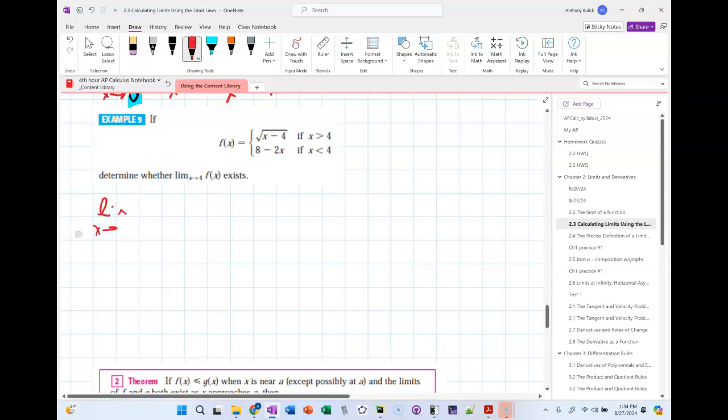So the limit as x approaches 4 from the left of f of x is going to be equal to the limit as x approaches 4 of 8 minus 2x. Why?